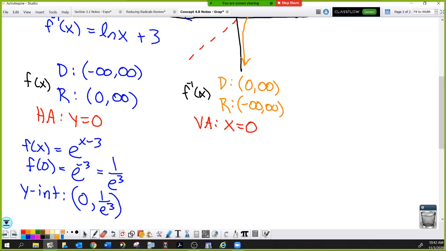So guess what the x-intercept of f inverse is? Right. The x-intercept would be at 1 over e cubed, 0. Don't do the algebra again. That's it.